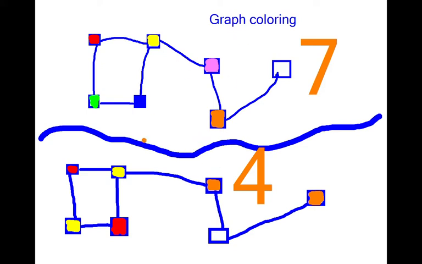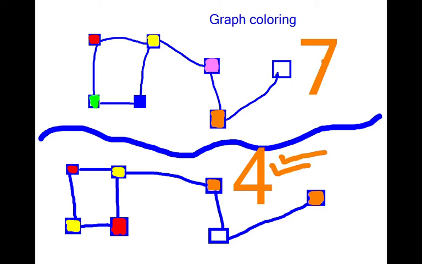Both of these graphs basically follow the graph coloring, but the overall goal is to color the graph in such a way that no two nodes get assigned the same color, plus we get to use the minimum possible number of colors. So among these two solutions, the bottom solution is the better solution, right?